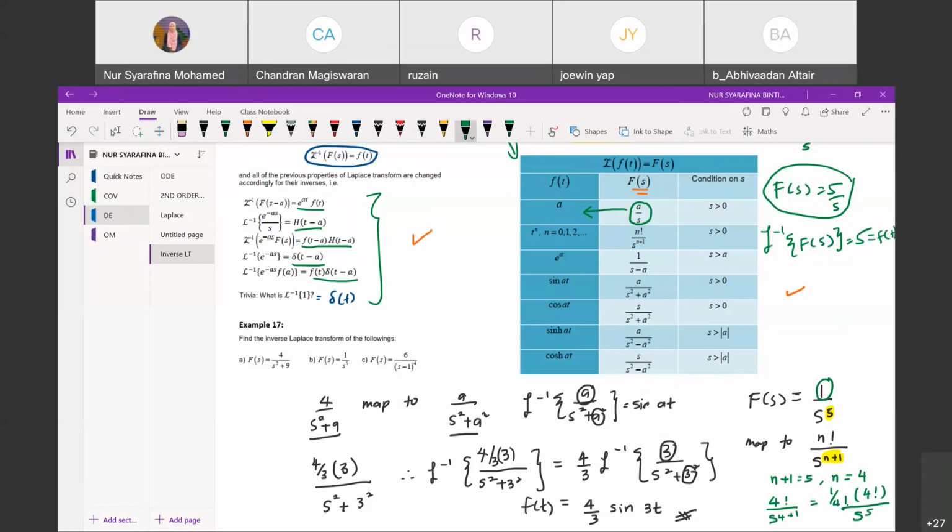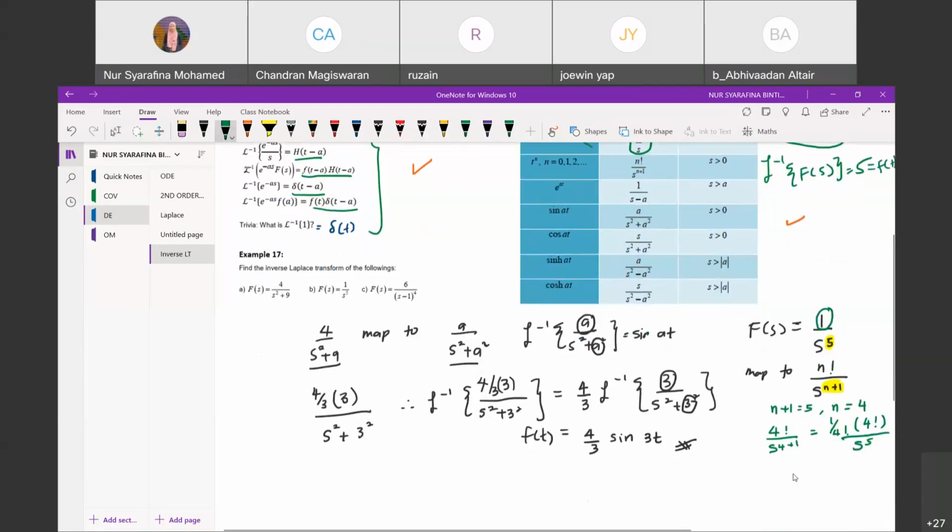Right. So what is your f(t)? Inverse transform of 1 over 4 factorial s to the power of 5. So you can put 1 over 4 factorial outside, where you just inverse transform 4 factorial over s to the power of 5. So what is your f(t)?